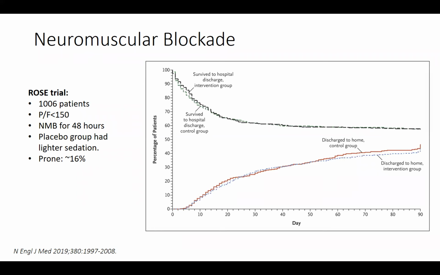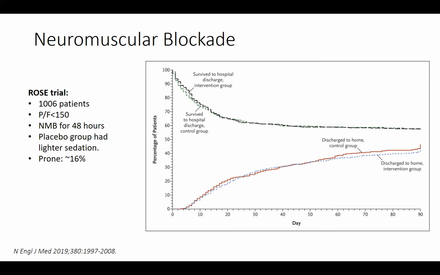More recently, the ROSE trial came out. It was bigger, multi-center, and 3 times as big, so 1,000 patients. Same PF ratio less than 150, neuromuscular blockade for 48 hours.